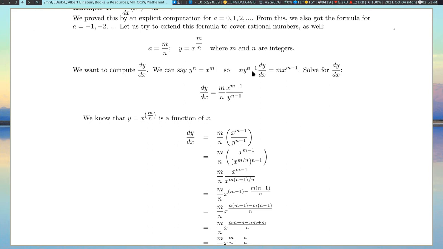When we take the derivative of both sides with respect to x, so we take d upon dx, and on both sides y raised to n is equal to x raised to m. So while we are differentiating with respect to x, we cannot directly apply it to y.